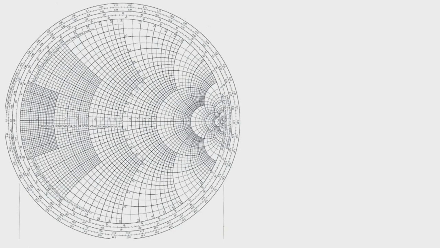So, for a Smith chart solution, what do we do? We first plot this normalized impedance Z is equal to 2 on the Smith chart, and this is shown here.